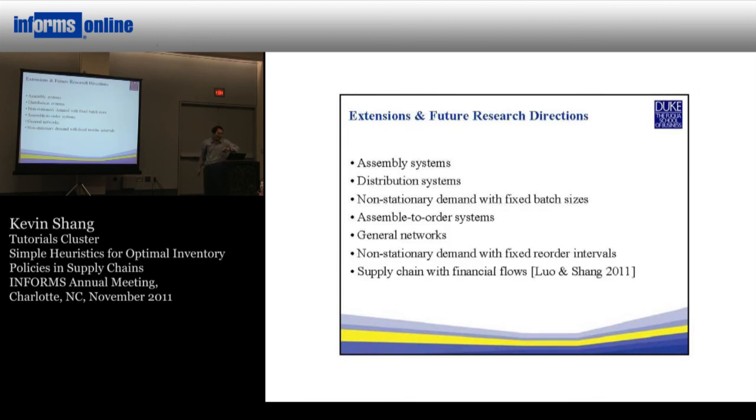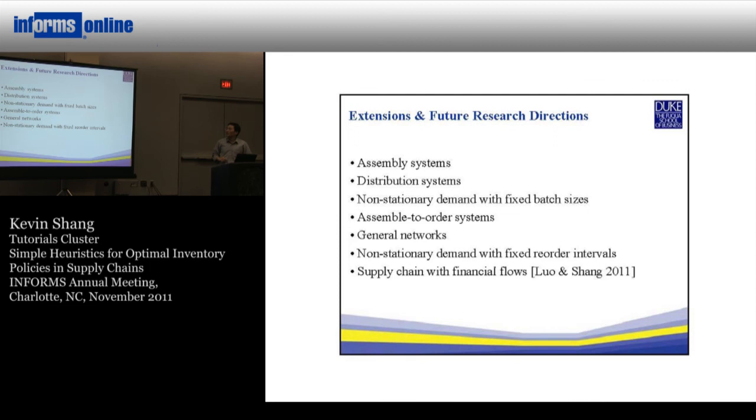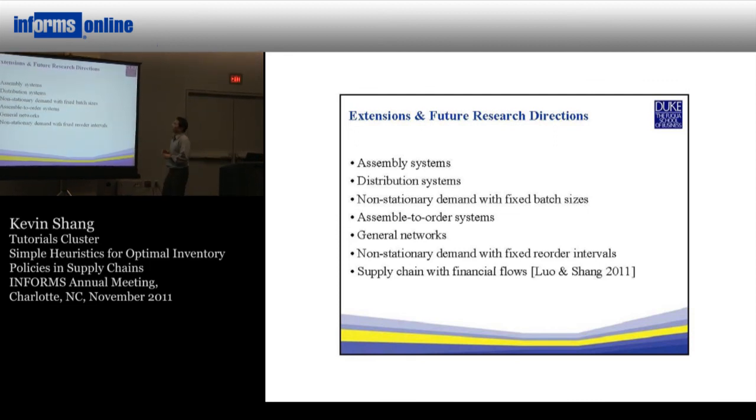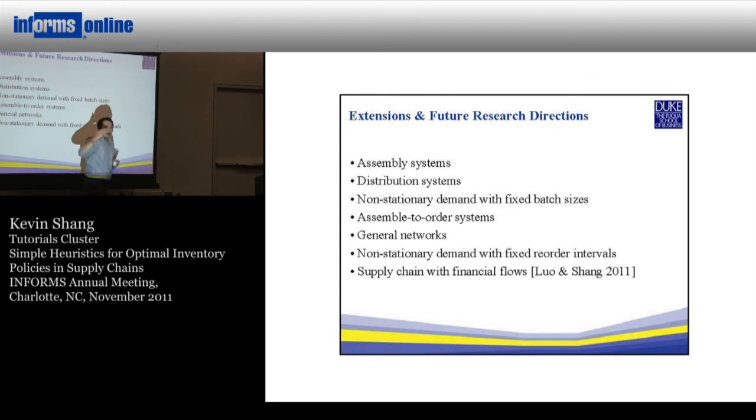Now for the last 5 minutes, I just want to show you something. So far, we only focus on single-stage systems, serial systems. But based on existing results, for example, for assembly systems, Professor Kai Russell has a very elegant result, one of the main results in assembly systems.